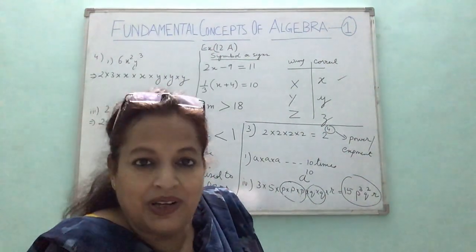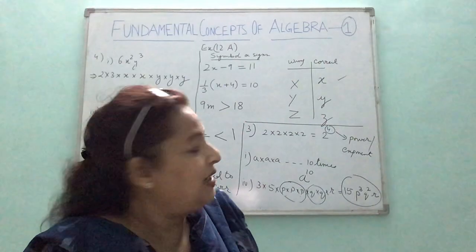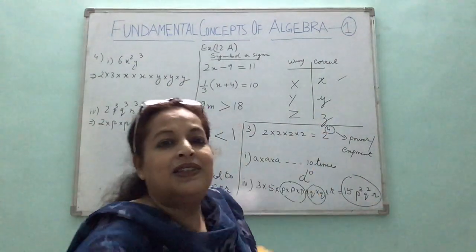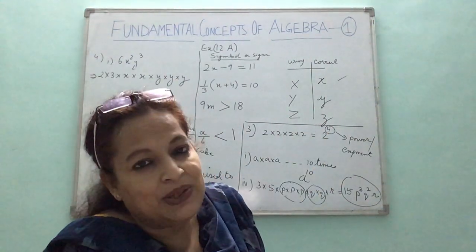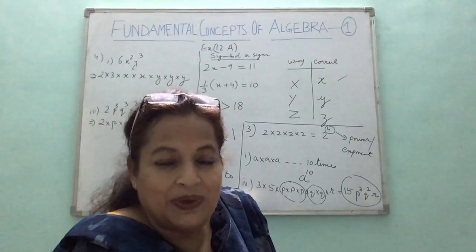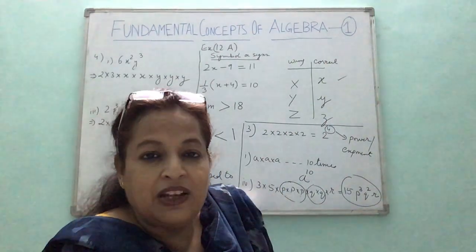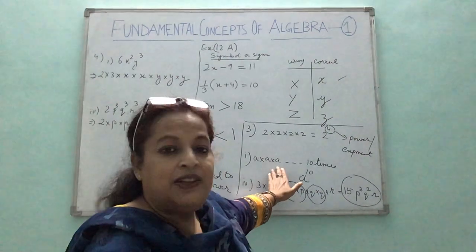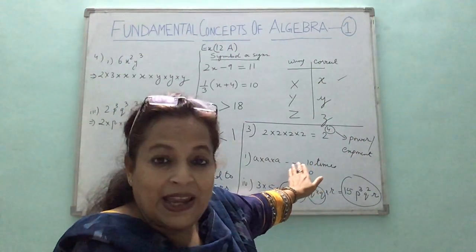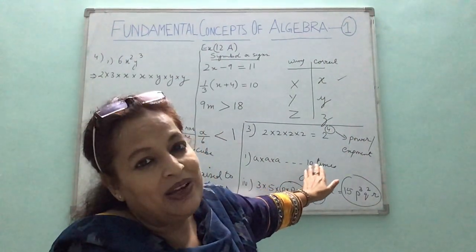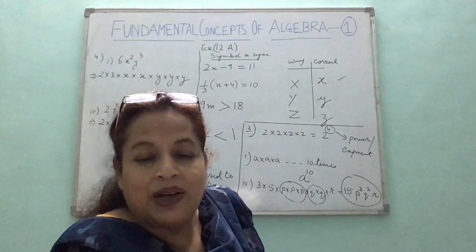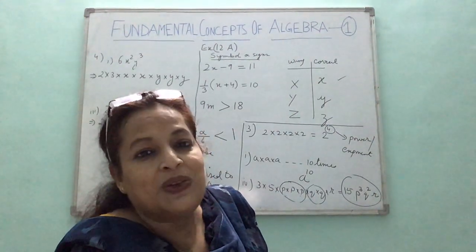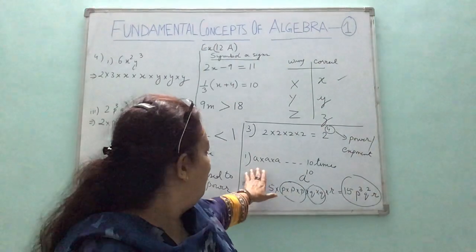What is an exponent? The power here is the exponent. We call it power also, we call it exponent also. So what is exponential form? When we write repeated multiplication of the same constant or variable in the power form, it is called exponential form.